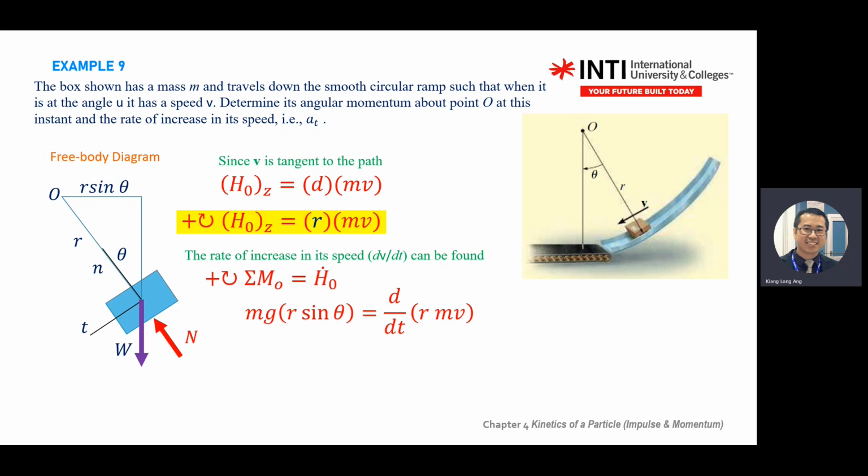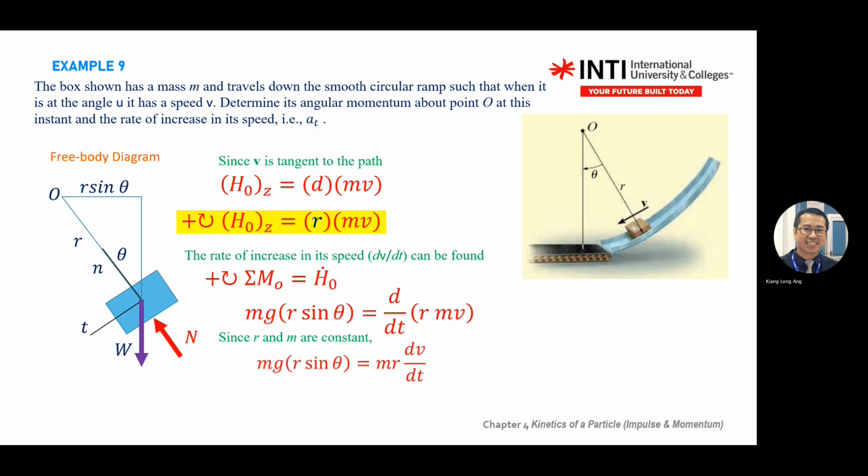And what is the angular, the H dot? H dot is d over dt of R mv. Makes sense? Okay, so you know that your R is constant, M is constant, so you can pull them out. This one, you pull R and M outside. So you see something on the screen here.